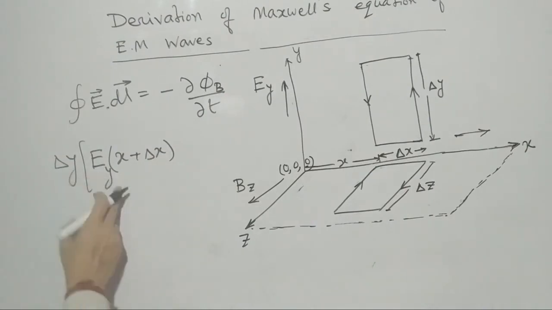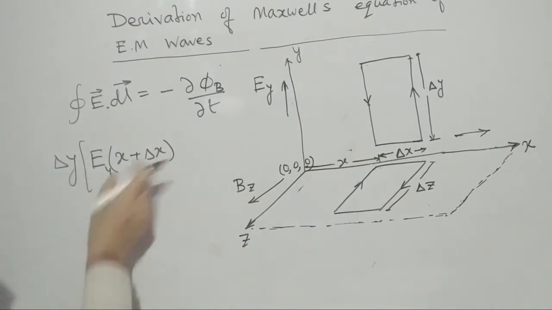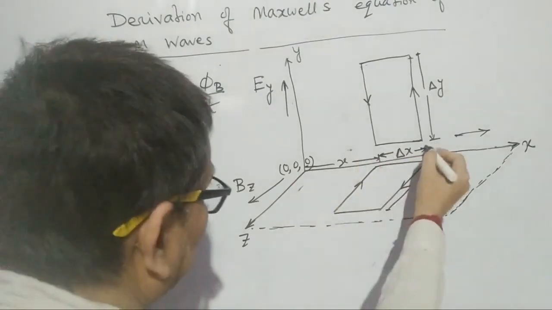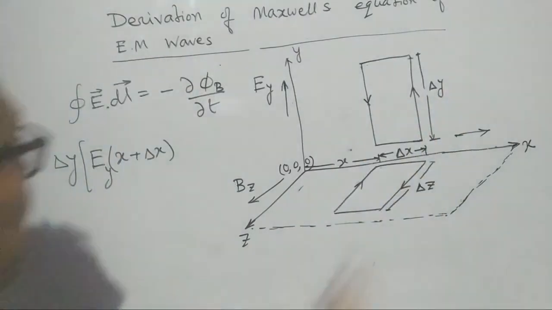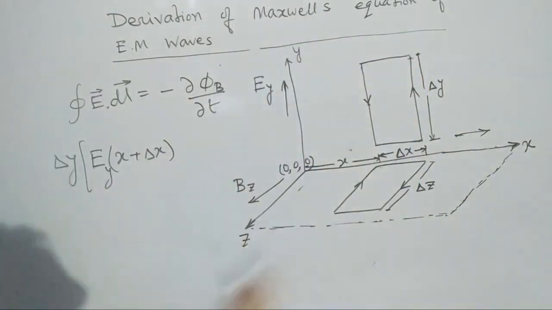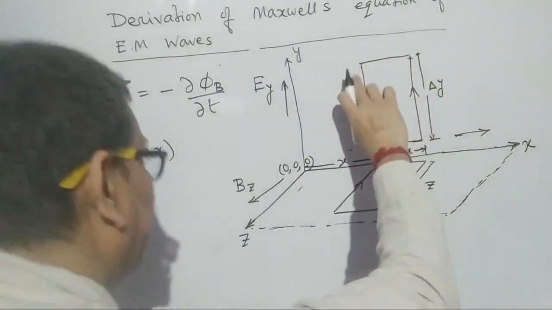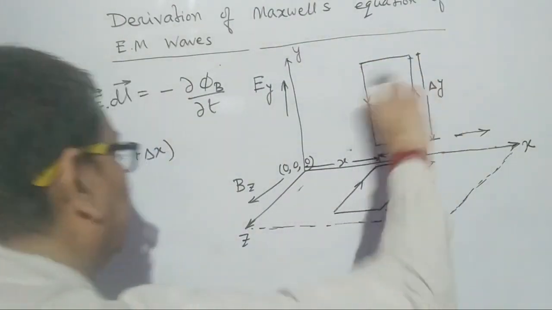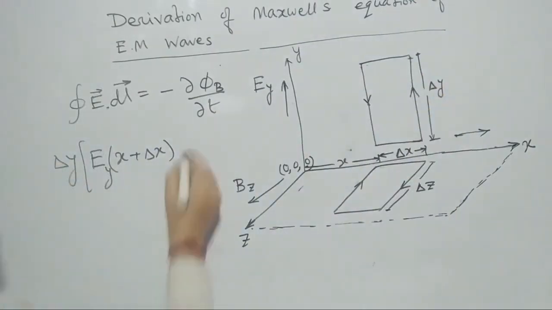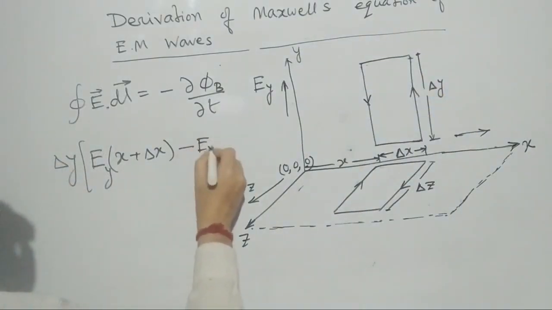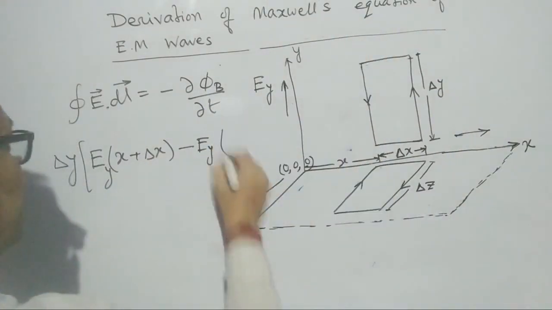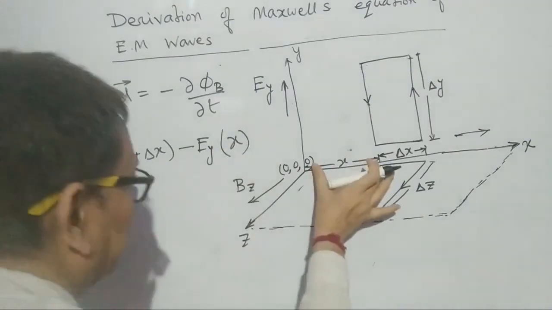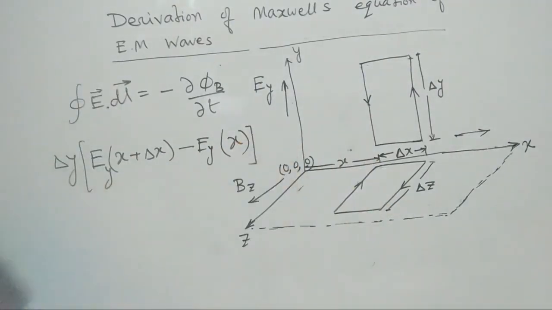So it is basically Ey, the electric field along the y direction, at a distance x plus delta x. Now it is returning back, and its length is again delta y. But this electric field is also Ey, with a minus sign because it is in the opposite direction, and it is at a distance of x.